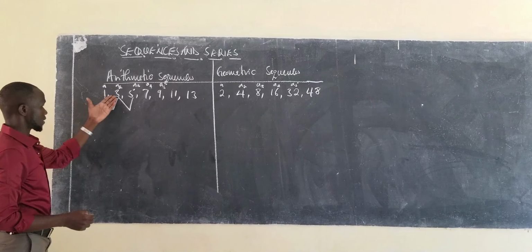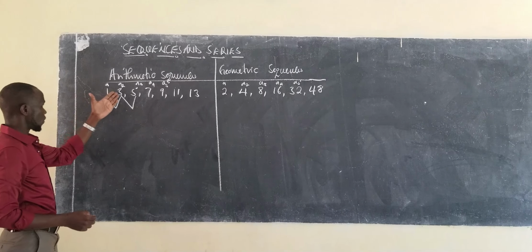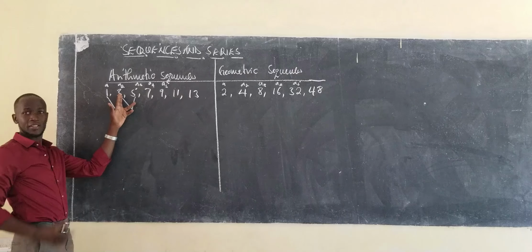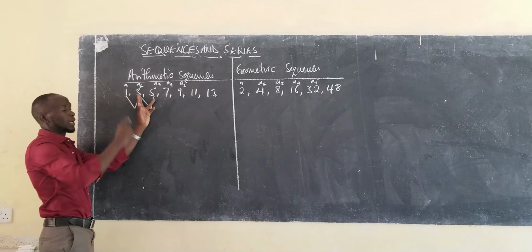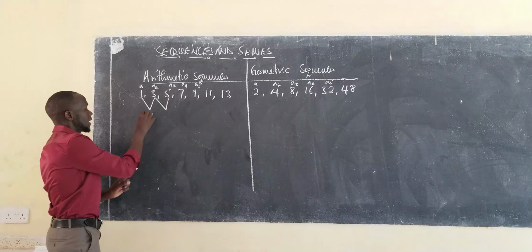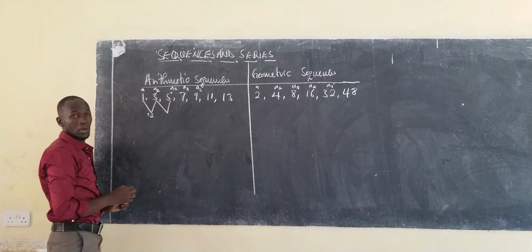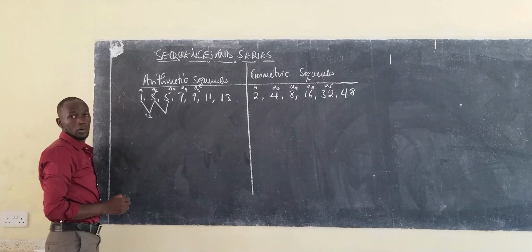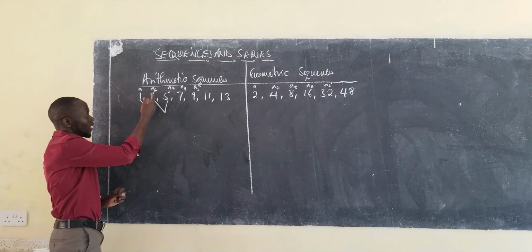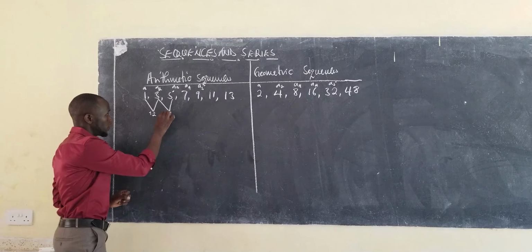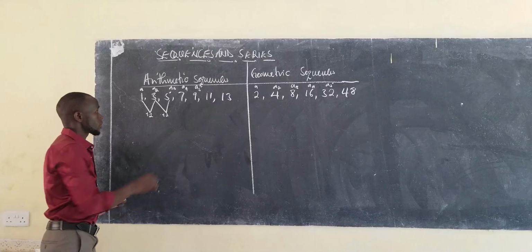When you have this, to get the second term, ask yourself, what did you add on the first term? You realize that you add on a 2. Look at the second comparison. When you look at 5 and 3, what do you add on 3 to get a 5? You find out you add on a 2.